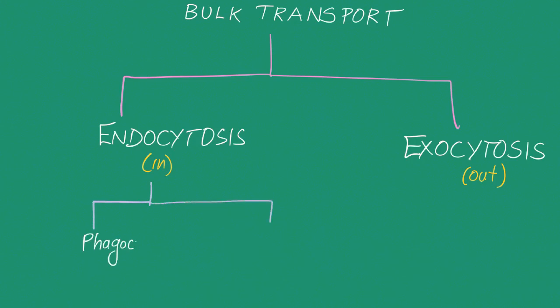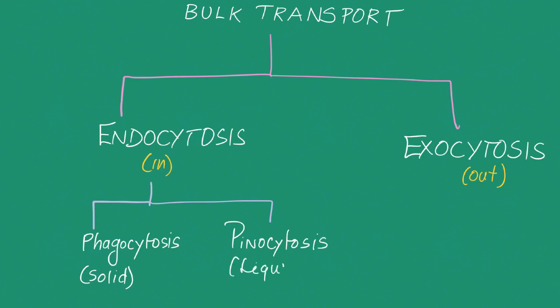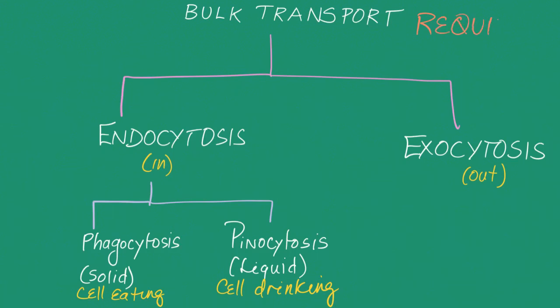If the cell is accepting a package with solid particles, then we call it phagocytosis, or the cell eating. If the cell is accepting a package with liquid particles, then we say that it is pinocytosis, or the cell drinking. All of these types of bulk transport require the use of ATP for energy.